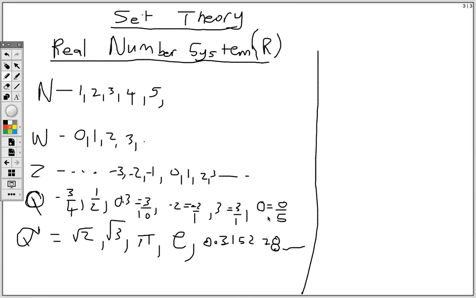Now we could represent this real number system, because all of these numbers are a part of the real number system, and we could represent it on a diagram. So I have my diagram, and the first one we'll have is the natural numbers. After natural numbers, we have whole numbers.